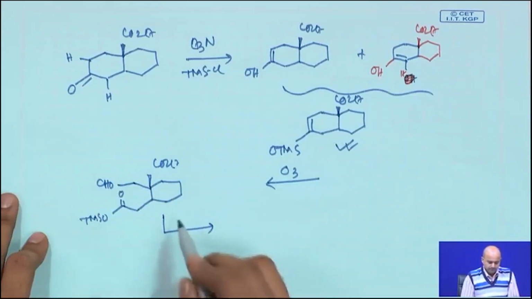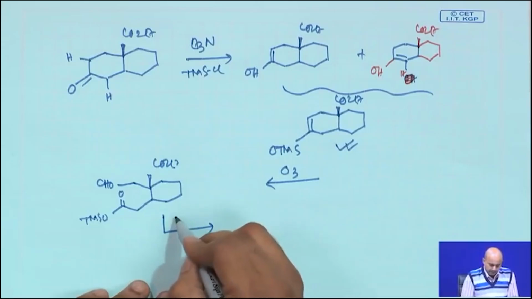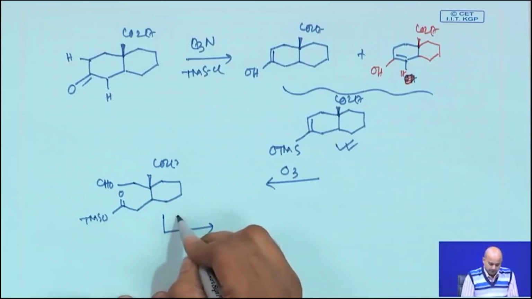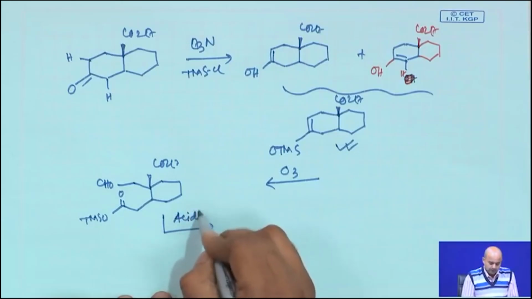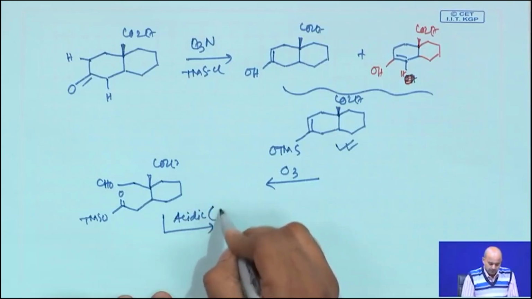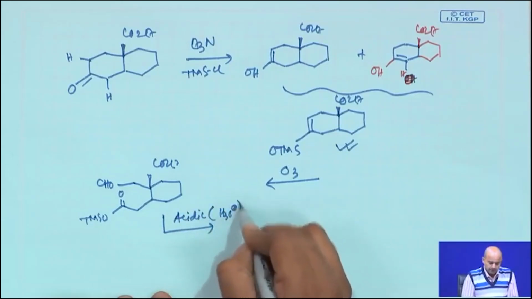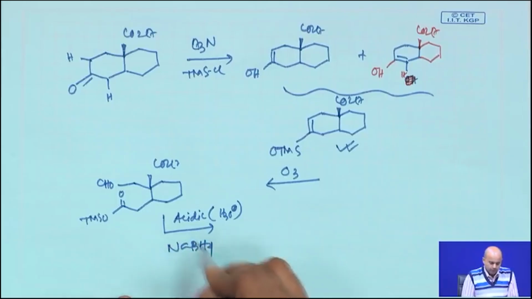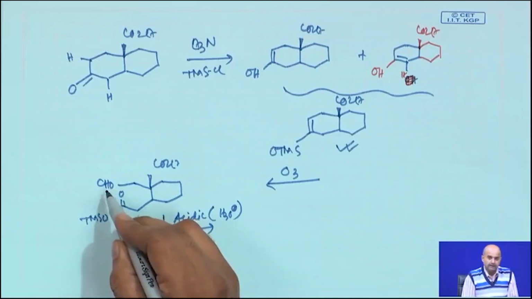Now, I am doing an acidic workup to get rid of this TMS ether, just by treating with H plus. In addition, we will also be using sodium borohydride to reduce this aldehyde.